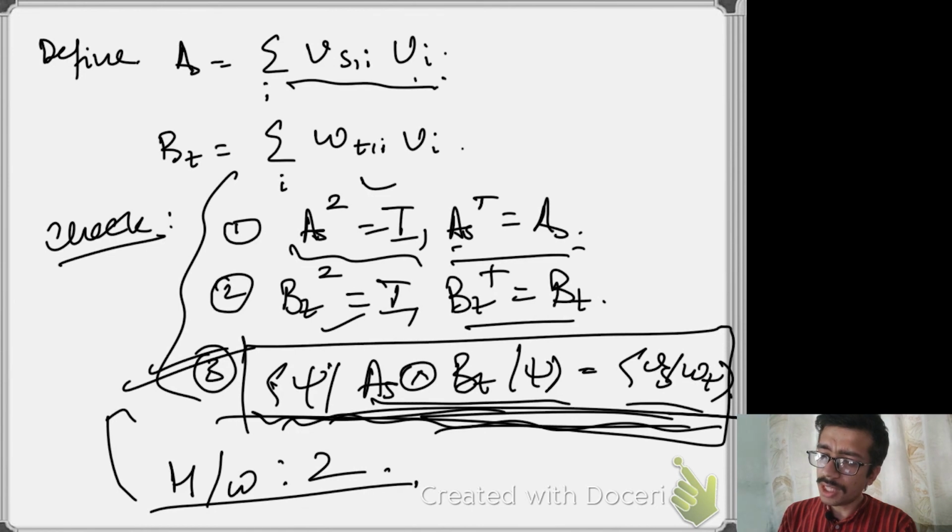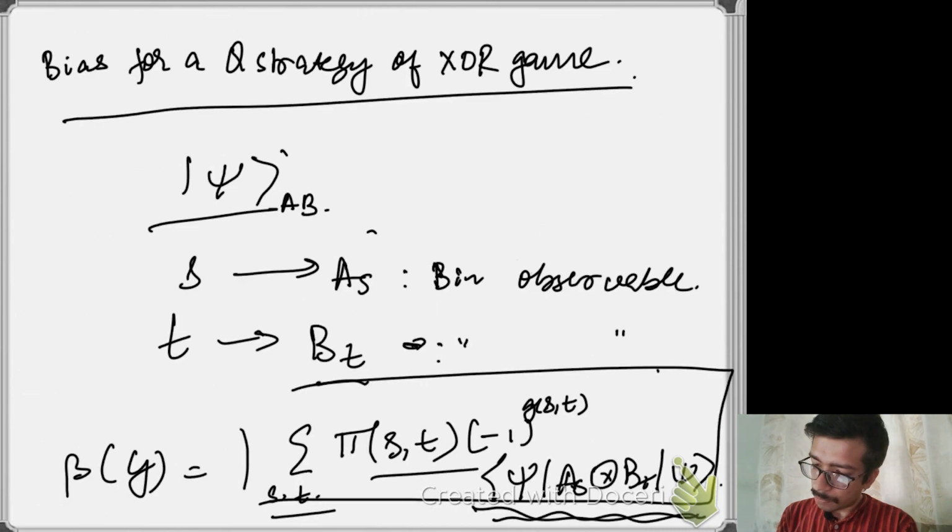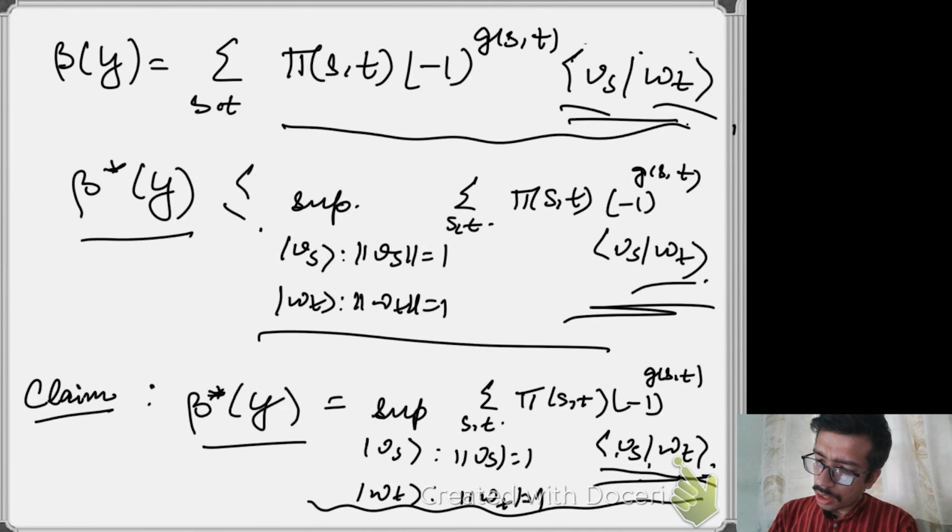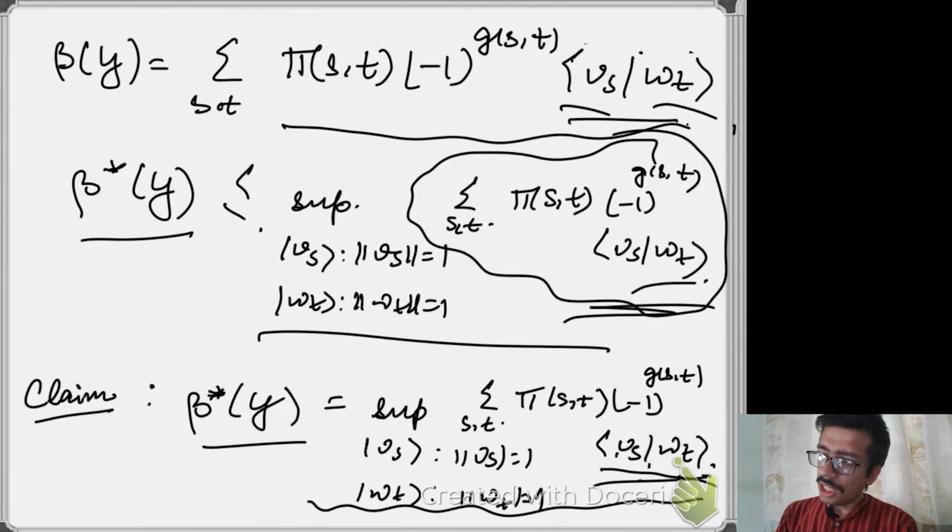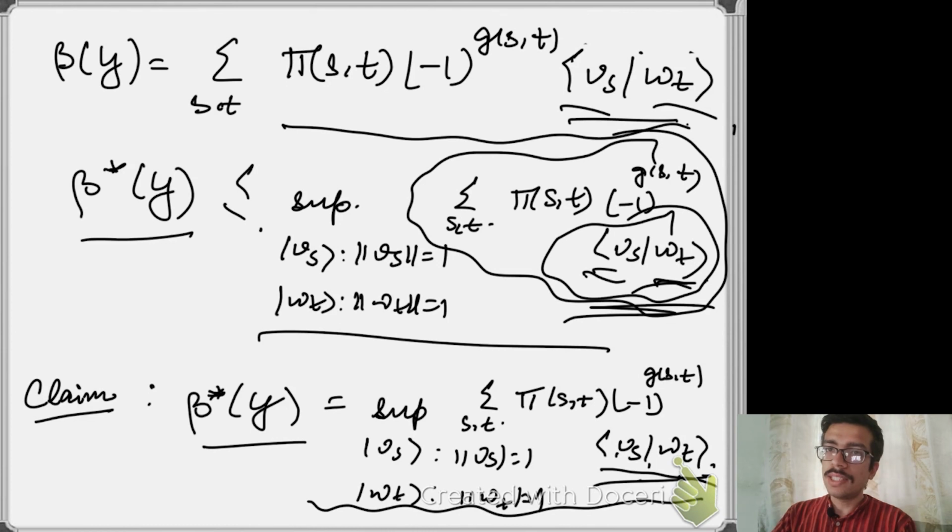So I leave it as a homework exercise, and once we have shown that this indeed equals psi, As tensor Bt, psi equals Vs dot Wt, what we have done is that given any such vectors which optimize this quantity, for the ones which are indeed optimizing Vs and Wt, I can just substitute over here psi As tensor Bt psi.